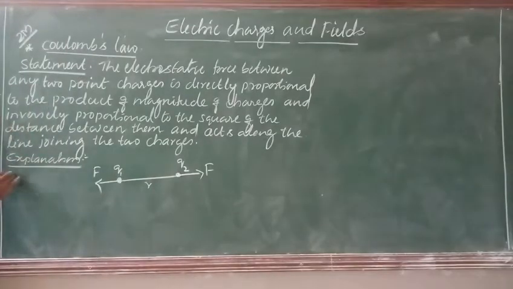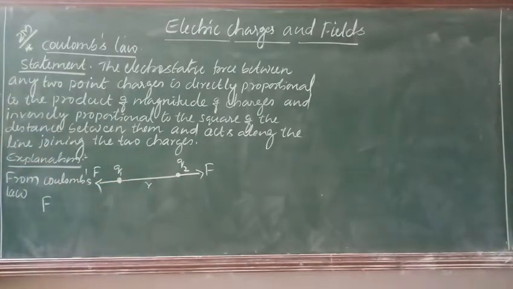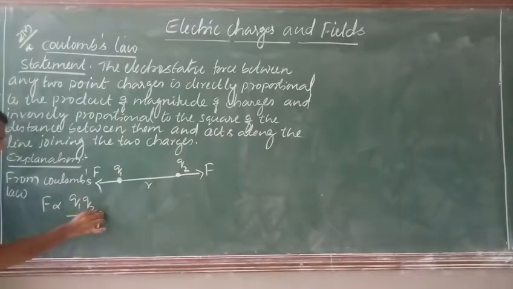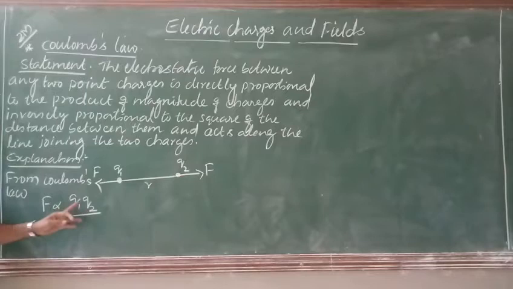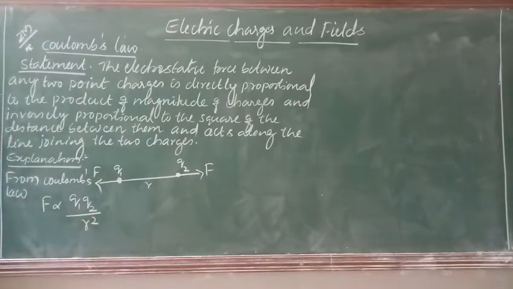From Coulomb's law, if F is the force between the charges Q1 and Q2, which are at a distance r from each other, F is proportional to the product of the magnitude of the two charges and inversely proportional to the square of the distance between them.